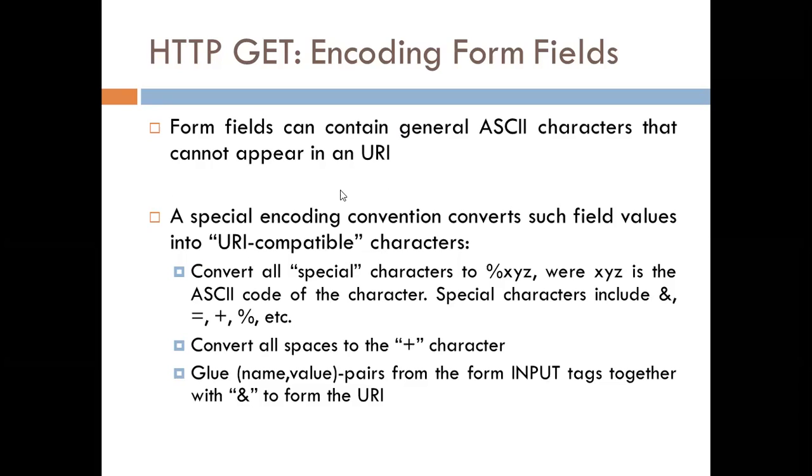Maybe a simple way is converting all spaces to a plus character, or you might have seen percentage 20, like that. And in order to glue the name and value pairs from the input tag, an ampersand is used. But whenever ampersand is part of the content, again it has to be encoded.